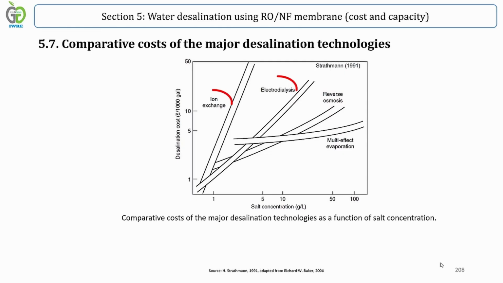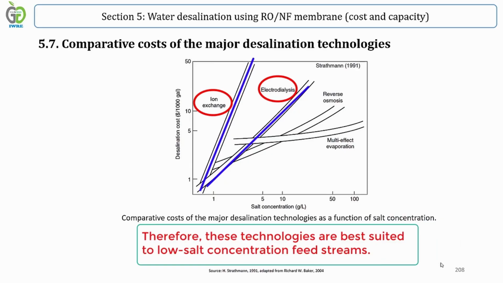The operating cost of electrodialysis and ion exchange scale almost linearly in proportion to the salt concentration in the feed. Therefore, these technologies are best suited to low salt concentration feed streams.